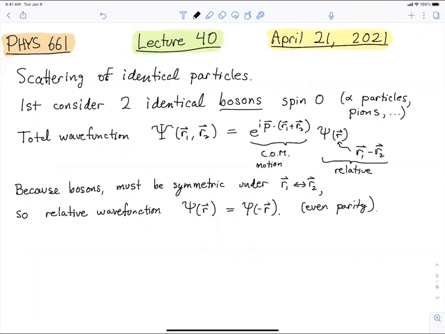And so if we think about what this means for scattering problems, before, when we were talking about a single particle or two non-identical particles, we had a scattering wave function. I'm going to leave off the factors of 2 pi to the 3/2 because they're not going to matter today. So we had an incoming beam part, and then we had a scattering amplitude part.